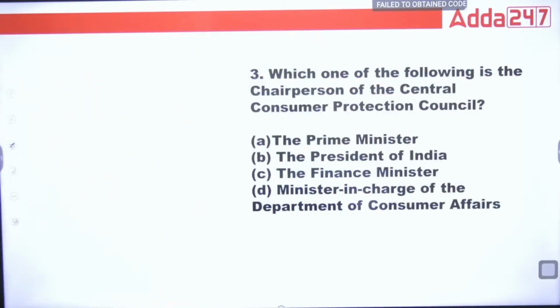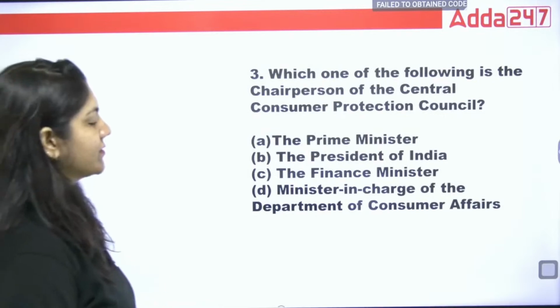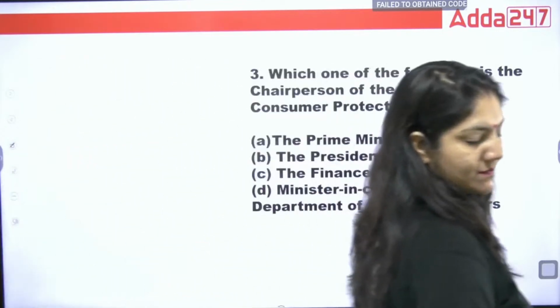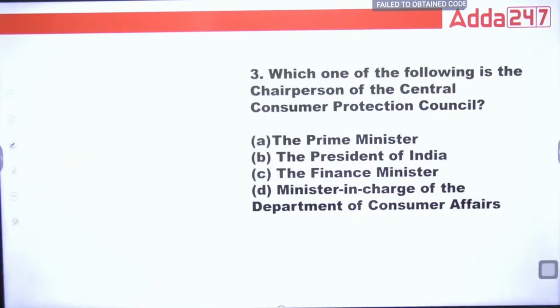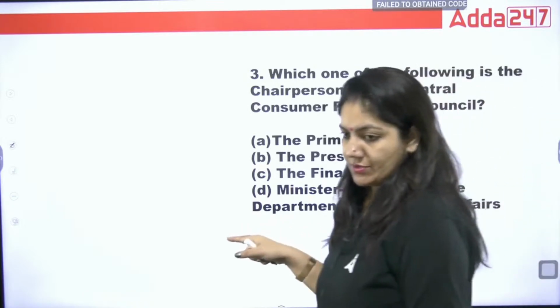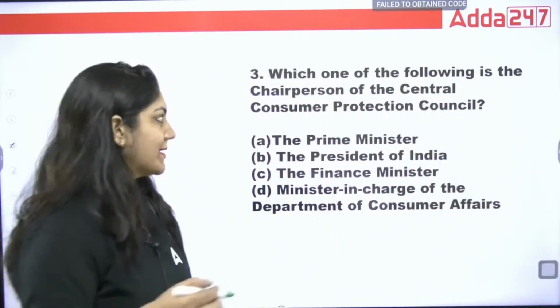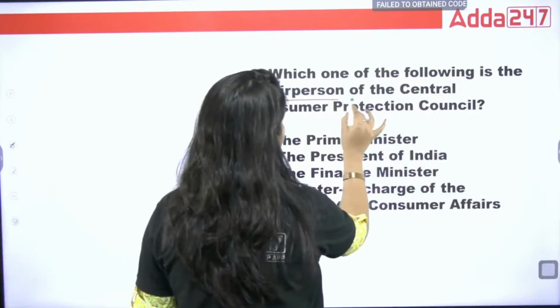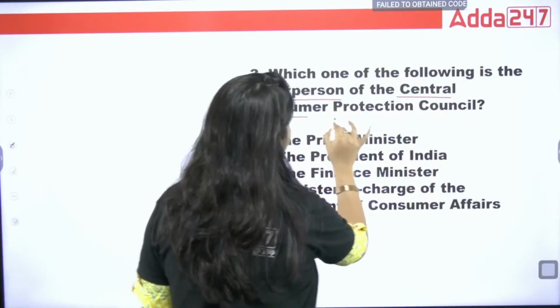Which one of the following is the chairperson of the Central Consumer Protection Council? Tell me. Prime Minister, President, Finance Minister, Minister in charge of the Department of Consumer Affairs. This question can also be asked in another form, because here it is asking who is the chairperson of the Central Consumer Protection Council.